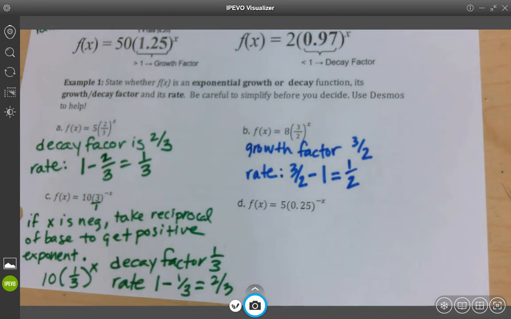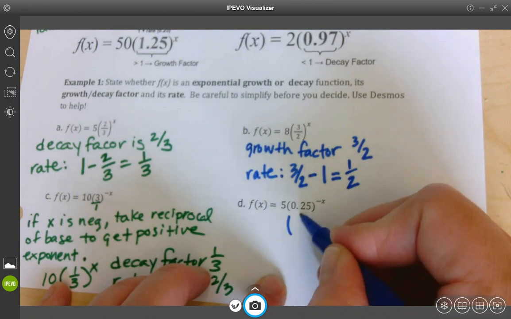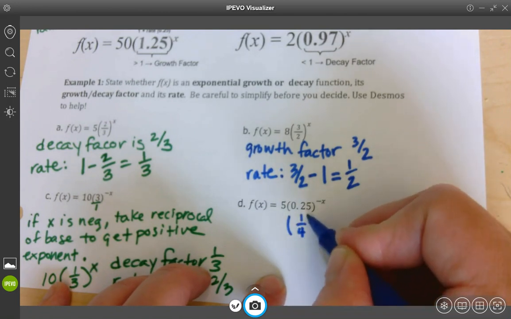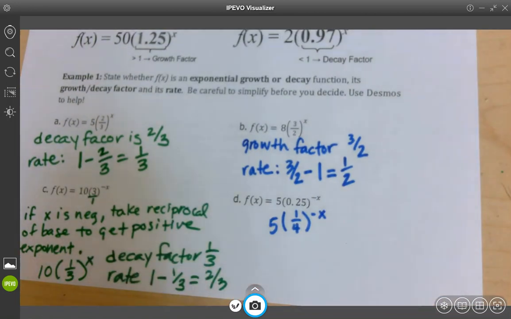All right. For D, we can change 0.25 to be what fraction? 1/4. True. So remember, 0.25 means 25 cents. 25 cents is called a quarter because it's a quarter of a dollar. So if you have trouble with that decimal to fraction conversion, you can think of it that way. But now I have a negative exponent, and now I can take the reciprocal. What's the reciprocal of 1/4? 4/1.